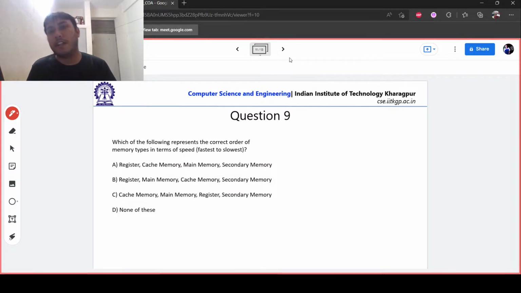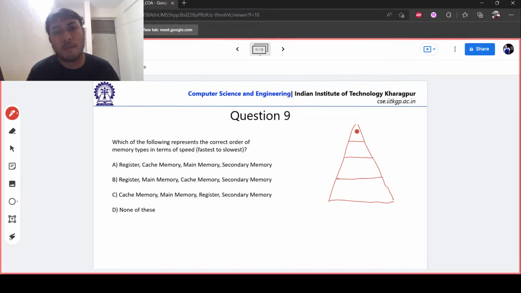Now let's move to the next question, question number 9. The question is, which of the following representations represents the correct order of memory in terms of speed, fastest to slowest? So the memory hierarchy is somewhat sort of a triangle, the memory pyramid. So let's divide it into 4 parts.